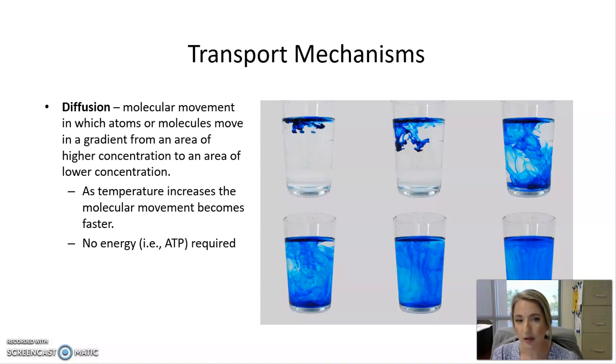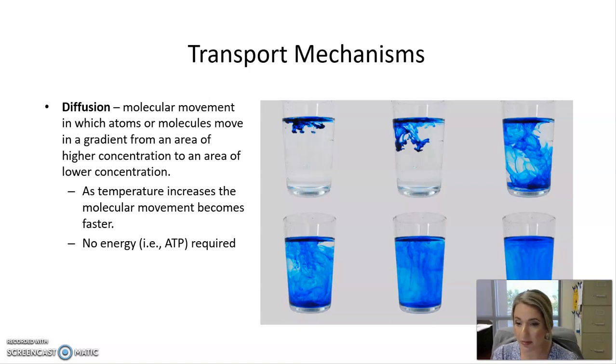One of the most common transport mechanisms is diffusion. Diffusion is a generic term that we use for the movement of all different types of molecules from an area of higher concentration to areas of lower concentration until an equilibrium is established.